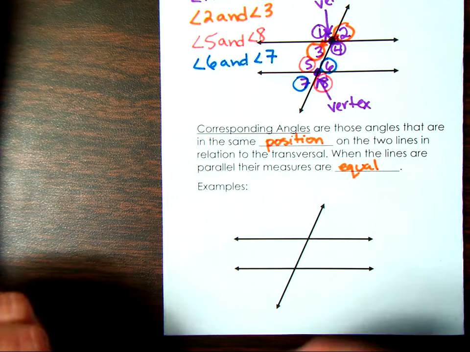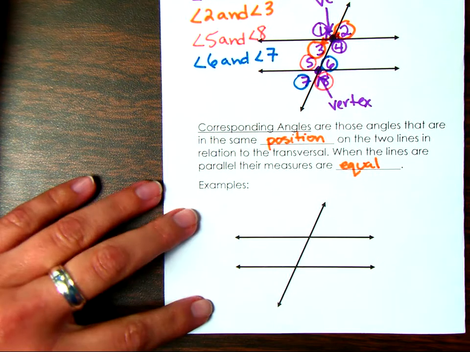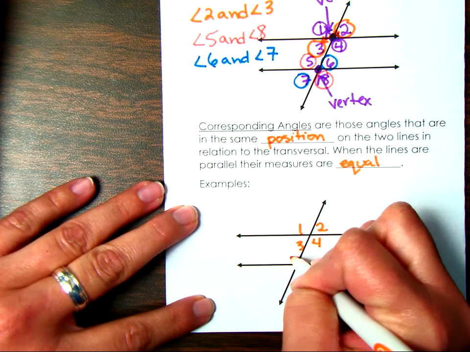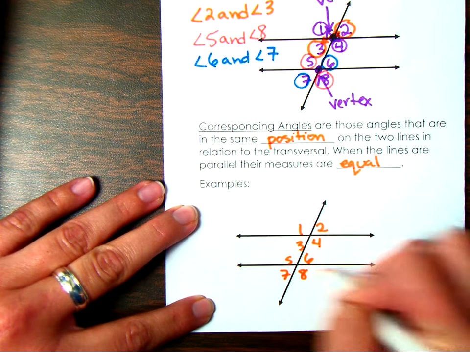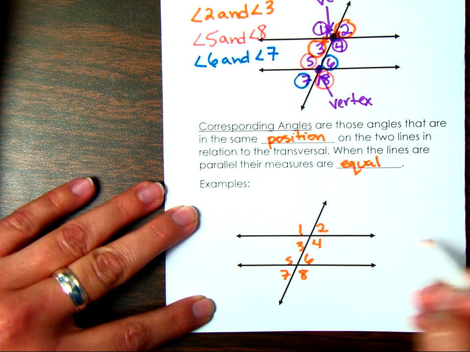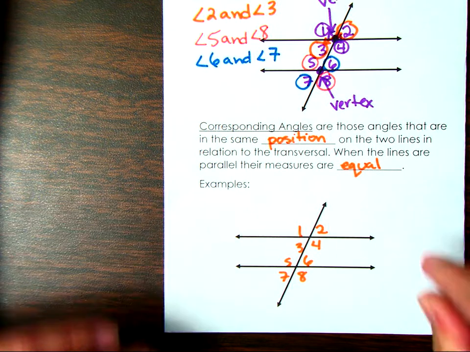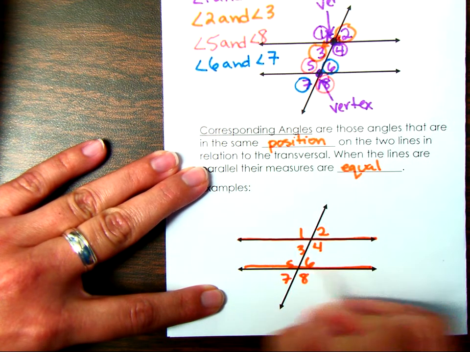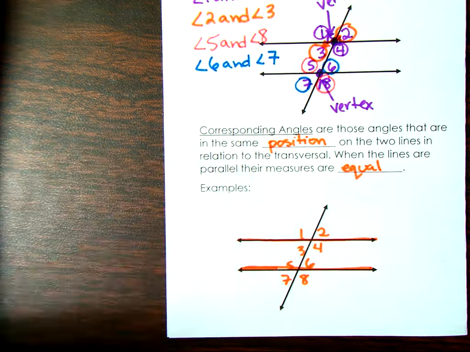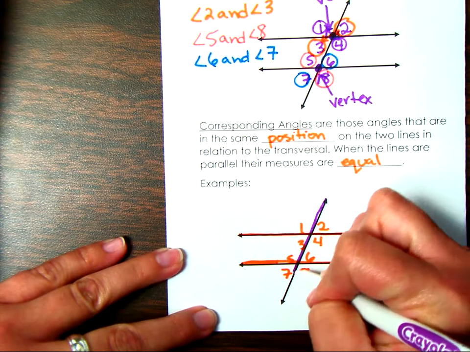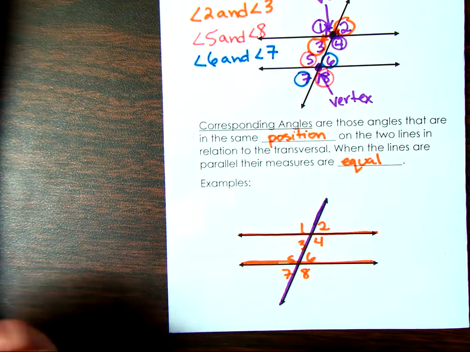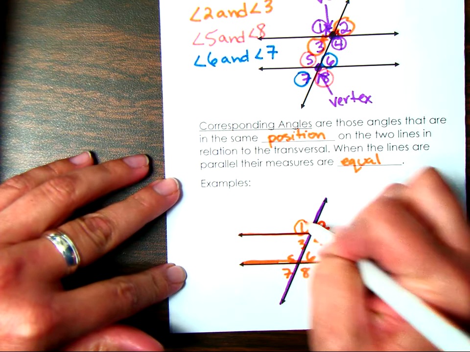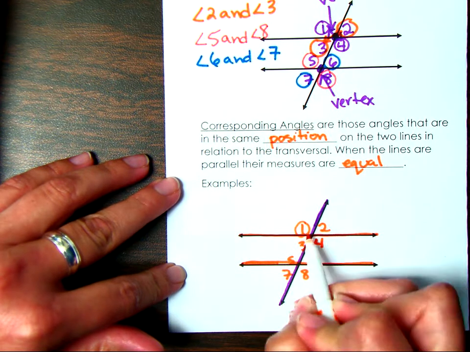So let's do some examples of that. If I had 1, 2, 3, 4, 5, 6, 7, 8 again, in the same position, so for example, if we had our parallel lines right here, and my transversal that's intersecting those two parallel lines, what you want to think about is the upper left-hand corner of this parallel line and the transversal.